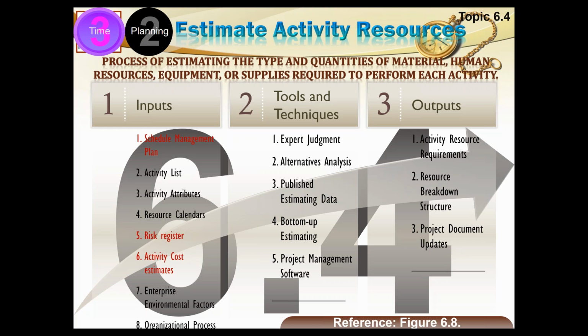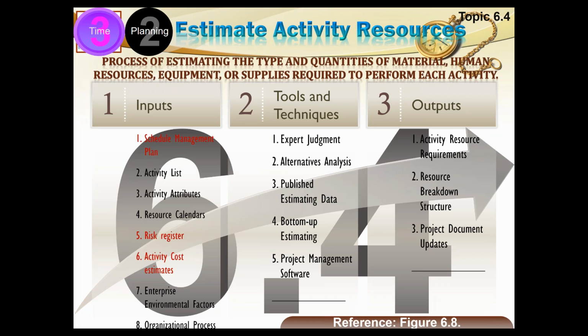And the outputs are project resource requirements and resource breakdown structure and the project document updates. Resource requirements are not only required by the subsequent process of duration estimate and develop schedule, but it is also required for planning the human resources.